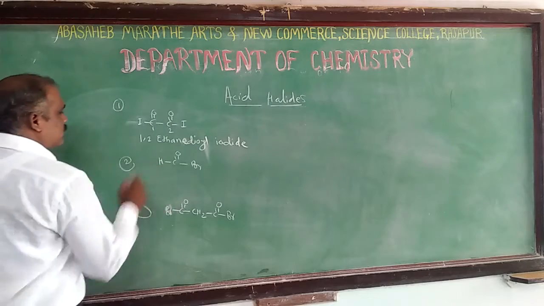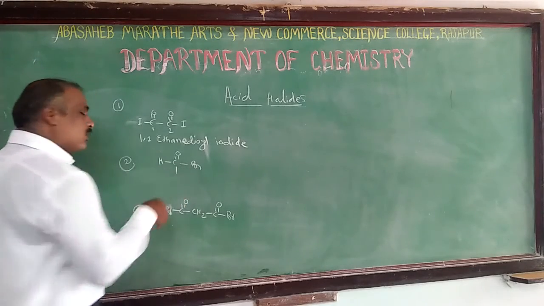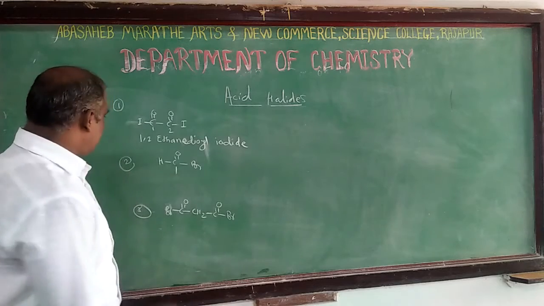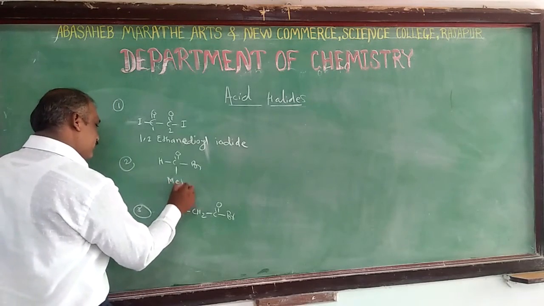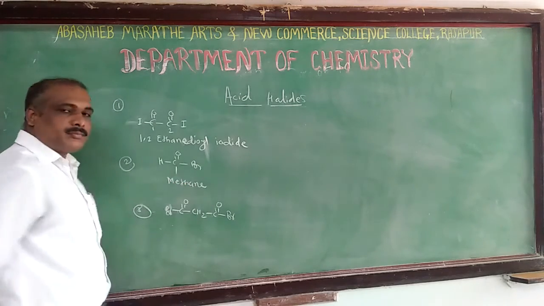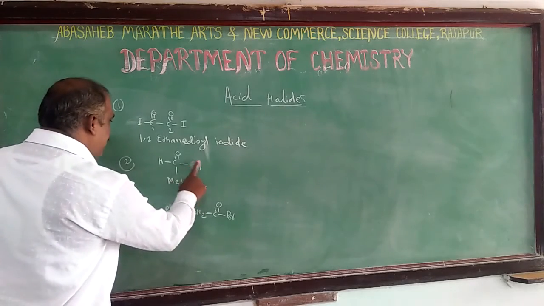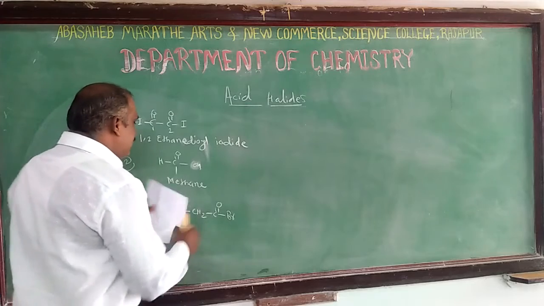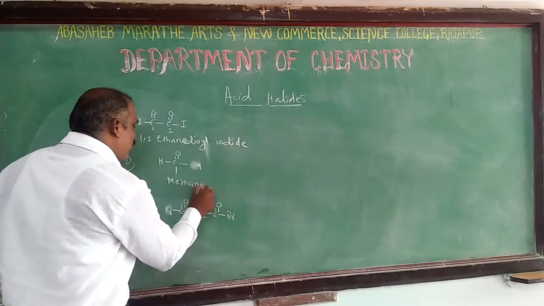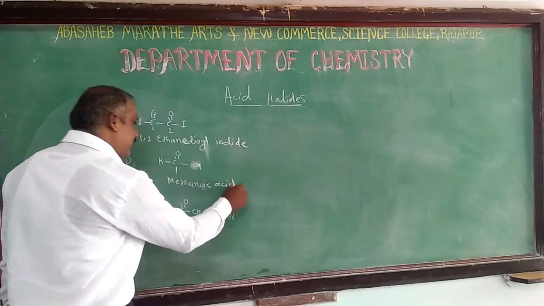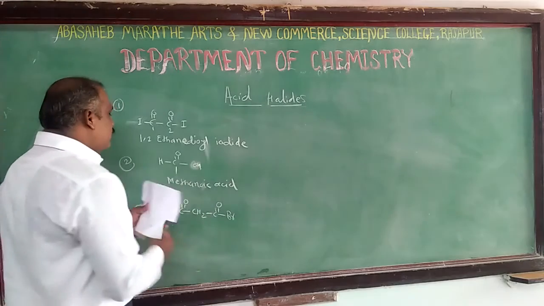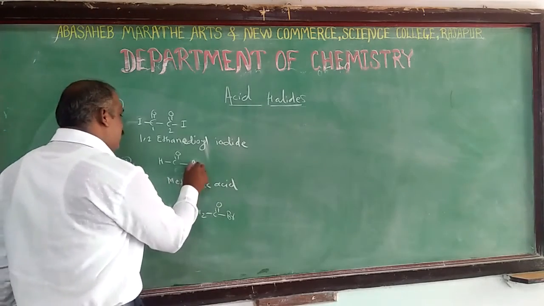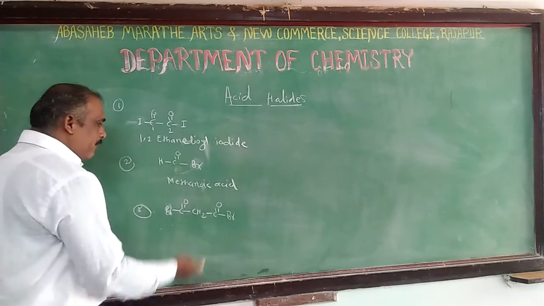The next molecule, how many carbons are there? Only 1 carbon. So what is the name of the alkane? It is methane, right? If bromine is replaced by OH, what is the name? Methanoic acid, right? But if this OH is replaced by Br, like a halogen, what is the name?